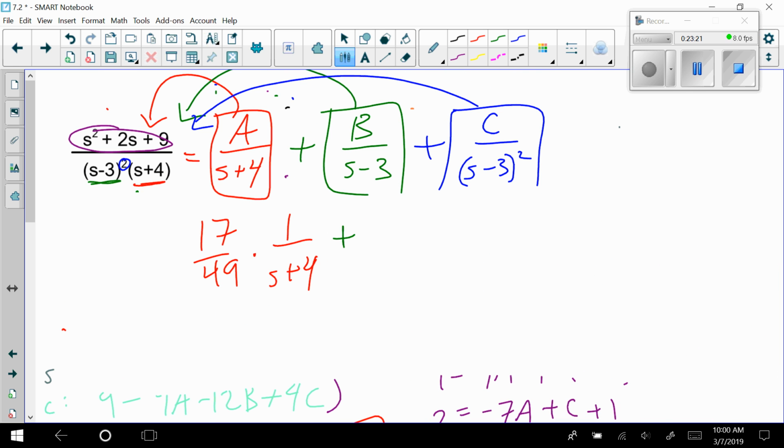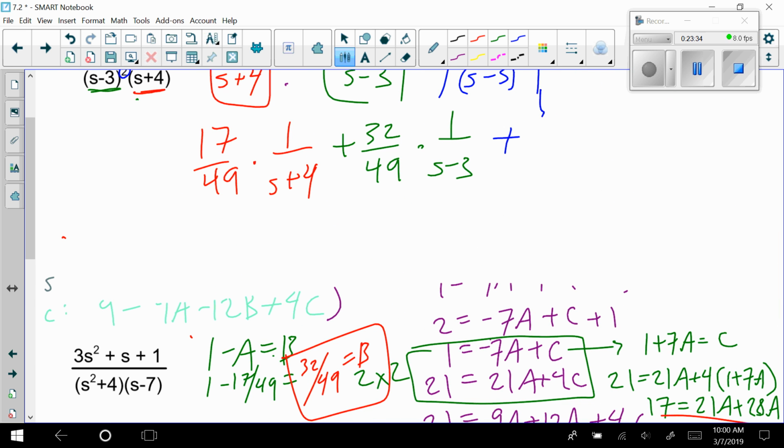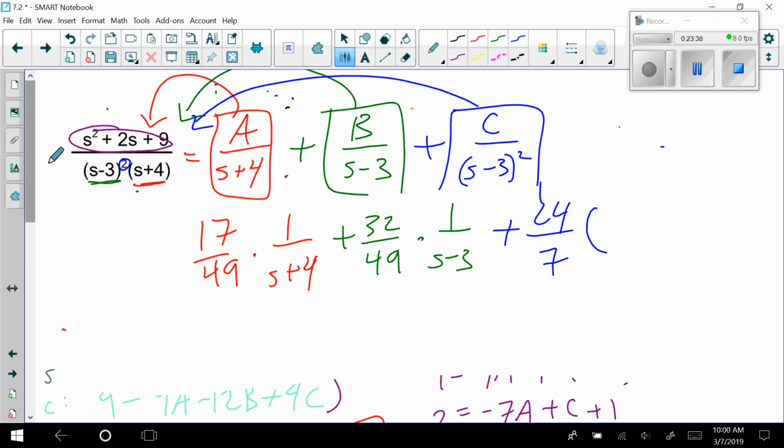So I have plus 32/49 times 1 over s minus 3. And finally, C was 24 sevenths times 1 over s minus 3 squared.